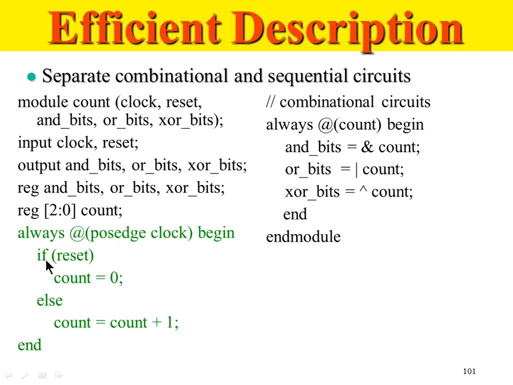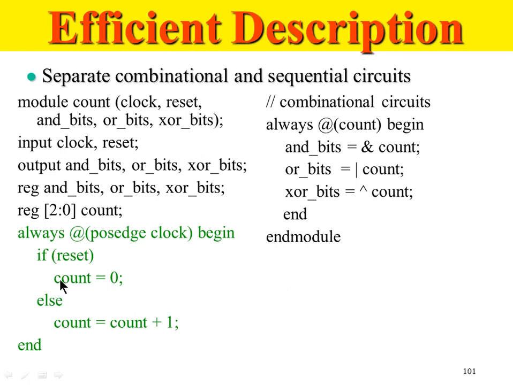Efficient. Why? Sequential circuit of the counter and combinational circuit of AND gate, OR gate, XOR gate are separated into two always blocks. Separate combinational and sequential circuit, which follows my guideline for good design purpose. That's why this is efficient.